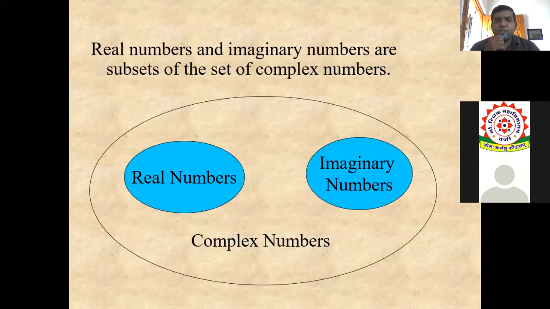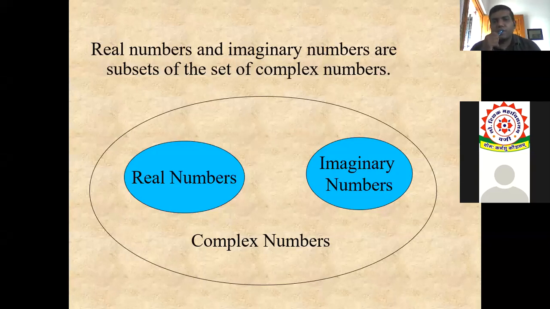If we choose b equal to 0, then it becomes a plus i0, that is a, and a is simply a real number. So if we take any a from the real numbers, it can be written as a plus 0i, so a is again a complex number. So every real number is a complex number.